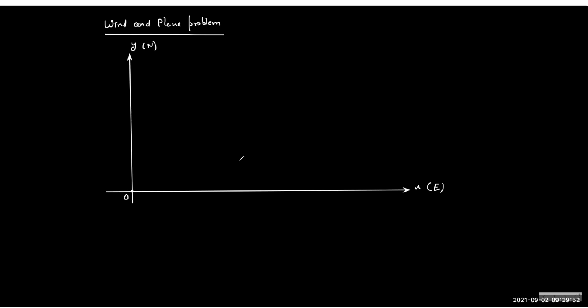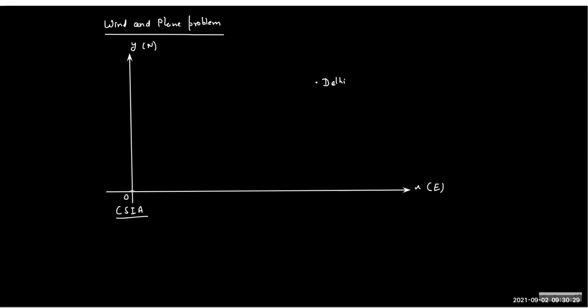This is the horizontal graph, not vertical. The destination airport is somewhere here. Let's say this is Delhi Airport, Indira Gandhi International Airport, and this is the Chhatrapati Shivaji International Airport. So you want to go from here to Delhi, and you are the pilot of the plane.